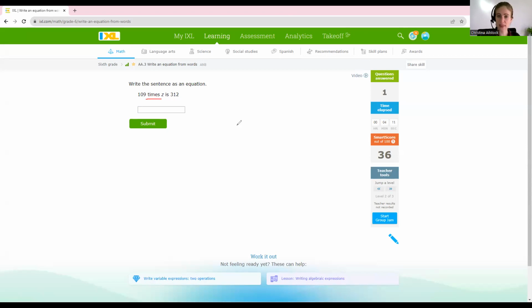There's more than one way that we can write multiplication, but if we're multiplying a number and a variable, which we are here, the most common way to write that is just have them side by side, and your number goes first and the variable goes second. That's the most proper format. And then I see the word is right here. Is means equal. So that is equal to 312.